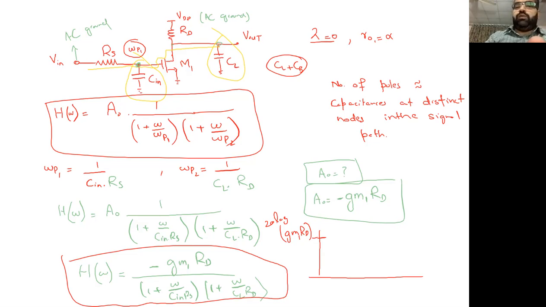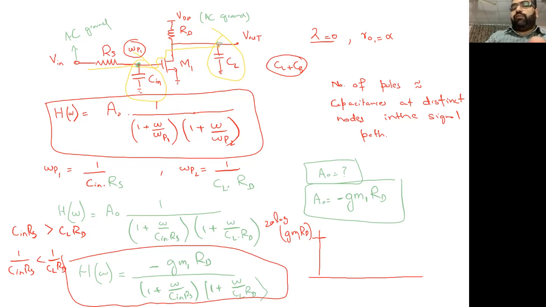Dominant is the pole which is going to come first, meaning if C in RS value is bigger than CL RD, this means 1 over C in RS will be less than 1 over CL RD.